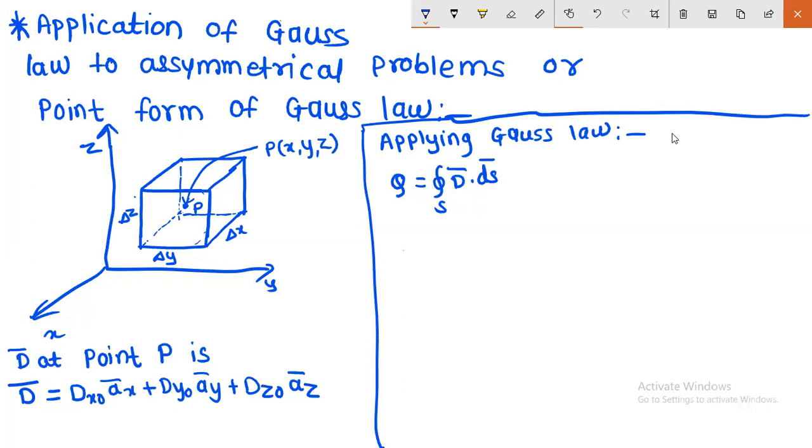So this closed surface integral of D bar dot dS bar can be divided into 6 integrals.